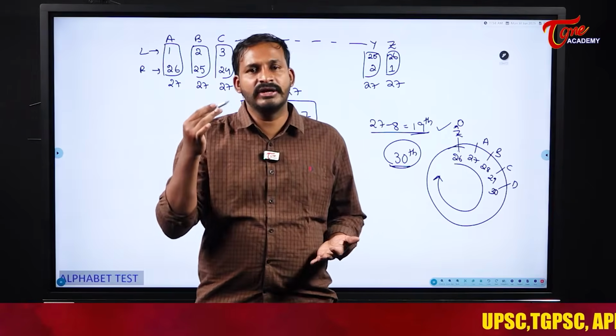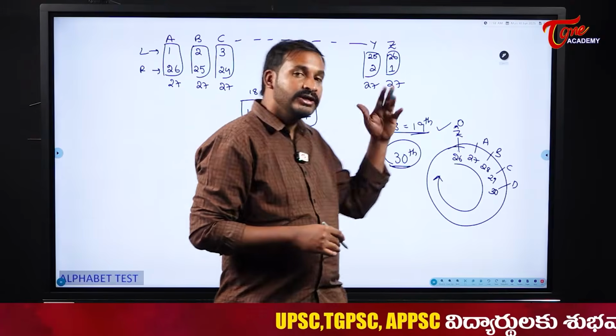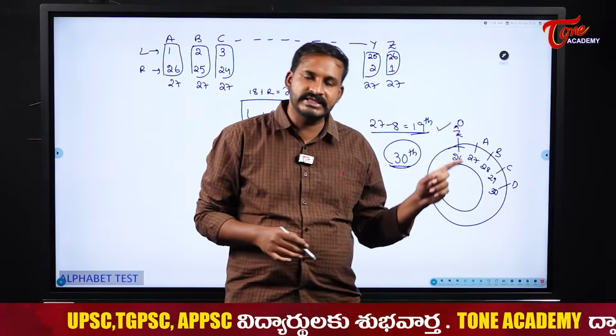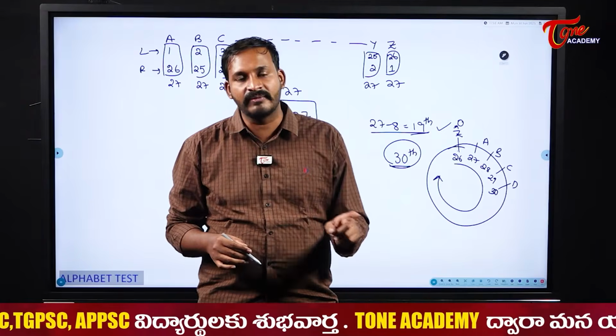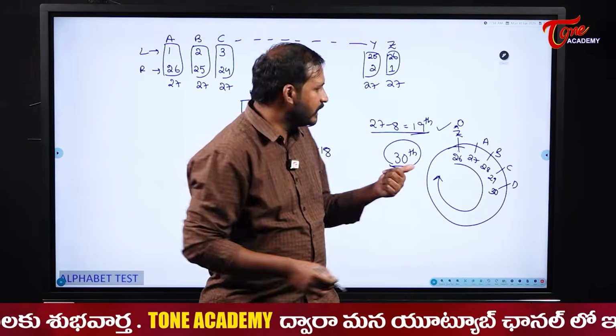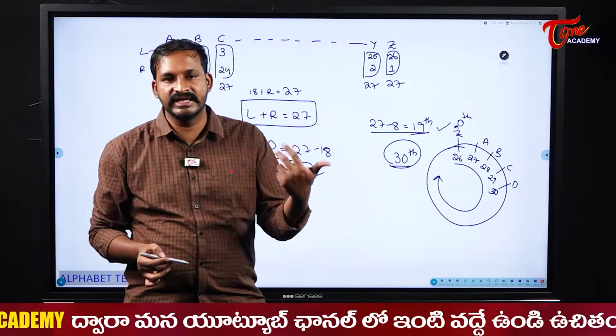In degrees, 0 degrees or 360 degrees are both the same. Similarly, 12 o'clock and 0 o'clock are the same. In the same manner, Z is the 26th alphabet and also the 0th alphabet. Please remember this carefully.